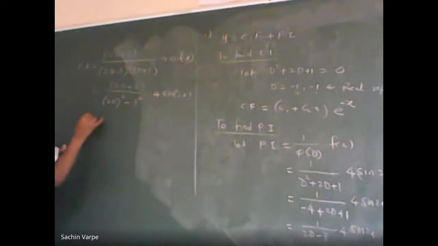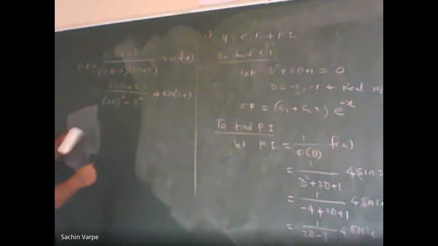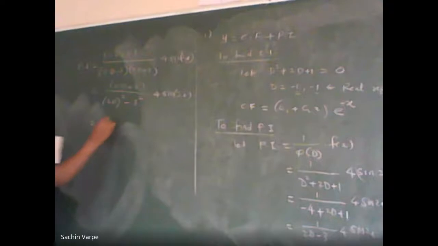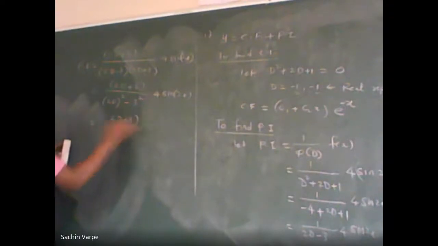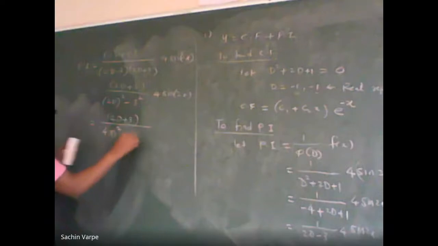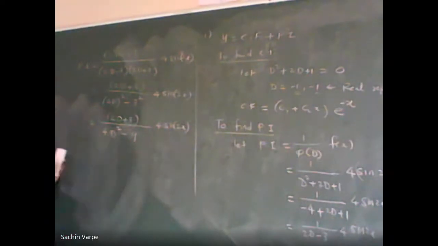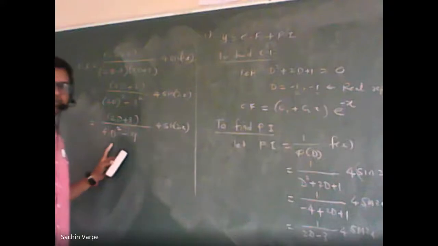That is equal to 2D plus 3 upon 4D square minus 9, into 4 sine 2x. And now we have D square for the replacement.